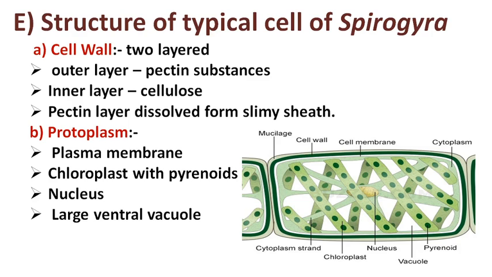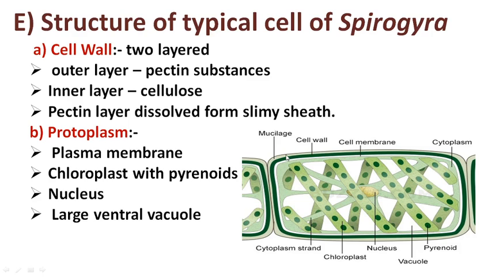The inner layer is composed of cellulose, while the outer is pectin substances. The inner cellulose layer forms a complete envelope around the protoplasm. See, this dark green structure is nothing but the inner cell wall, the cellulosic cell wall, and it makes a complete envelope around the protoplasm.